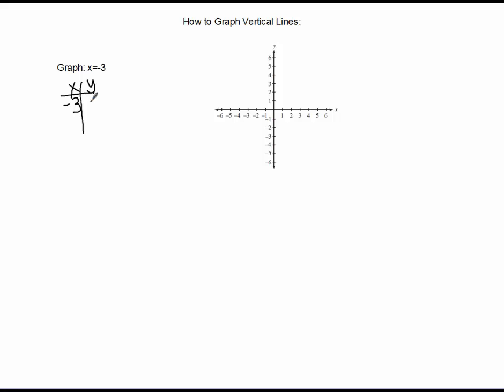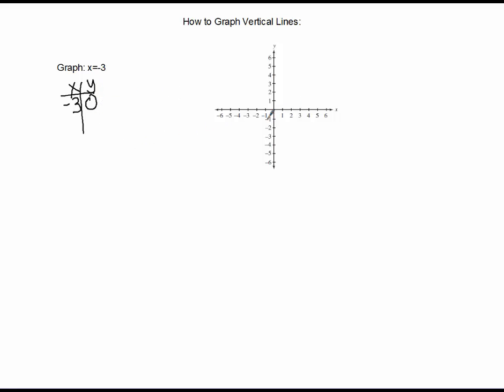Now to find the y, like we did before, notice that there is no y value here, so the y value can be whatever you want. So let's say -3, 0. And if I plug in -3 for x, it's still true, so the 0 doesn't really play a role in checking.